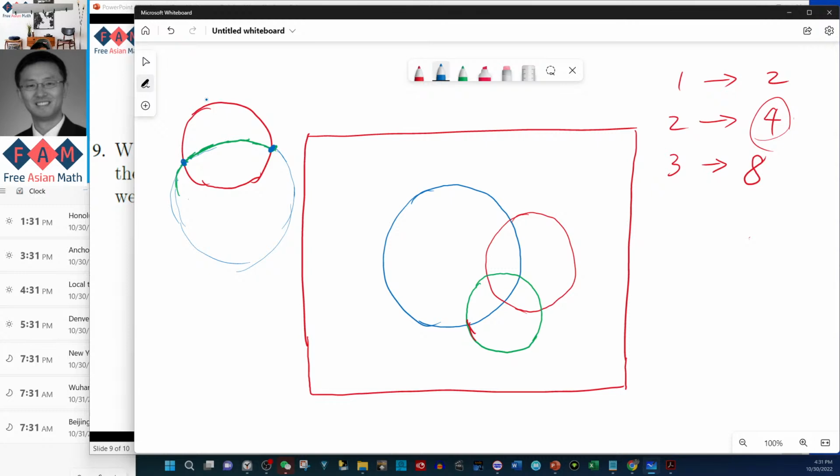Okay, if that's the case, how do we count? Well, you can see that this is kind of a recursive relationship. When you first have one circle, it has two regions. When you have a second circle, it adds another two. Where do those two come from? Well, it came from the fact that you have two in the first place.